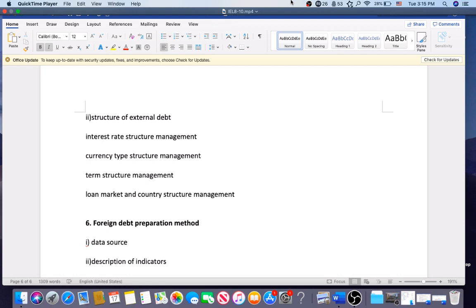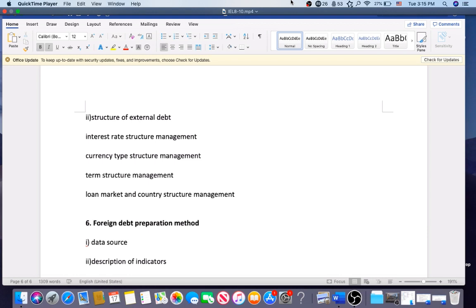So there is some risk. The exchange risk is also called the foreign exchange risk or exchange rate risk. That's a possibility the debtor will suffer losses or gain from the fluctuation of the currency exchange rate in the process of borrowing, using, and repaying foreign debts.